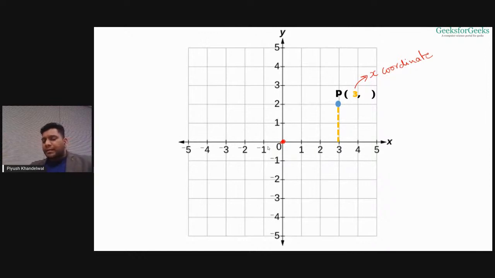So I want to assign that particular address to that object, based on where it is located on the floor. That address is generally assigned in terms of x coordinate and y coordinate. When I say x coordinate, it means I'll draw a straight line from point P to the x-axis, and wherever it cuts the x-axis, that point is my x coordinate.